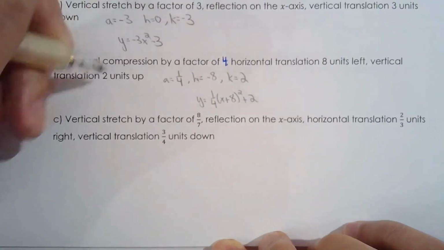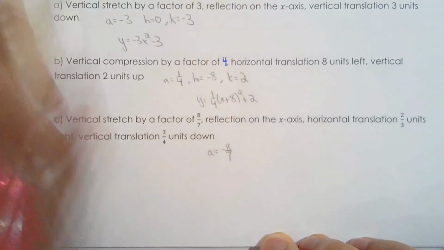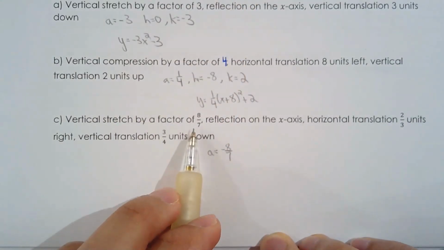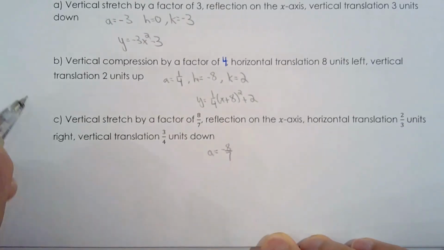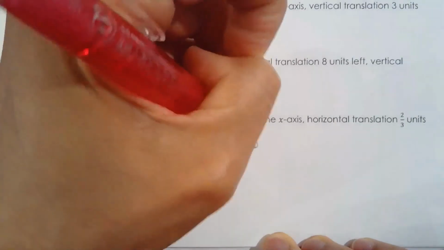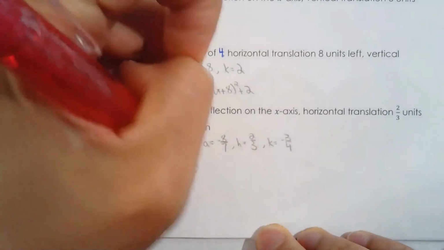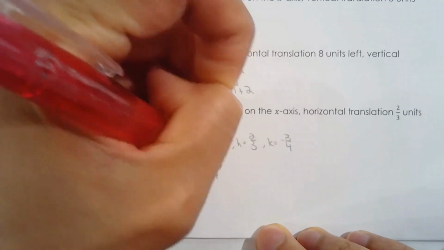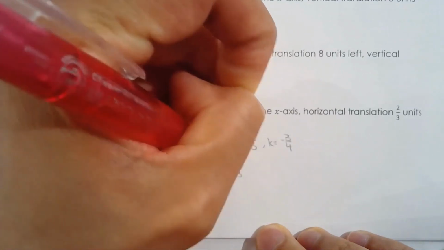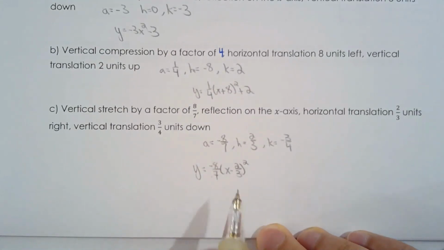Okay, last one here. A is negative 8/7 because there's a vertical stretch by a factor of 8/7 and a reflection on the x-axis. h is 2/3. It's going to the right, so it's positive. And k is negative 3/4 because I went 3/4 units down. So y equals negative 8/7, x minus 2/3, okay, always remember the original form is x minus h.